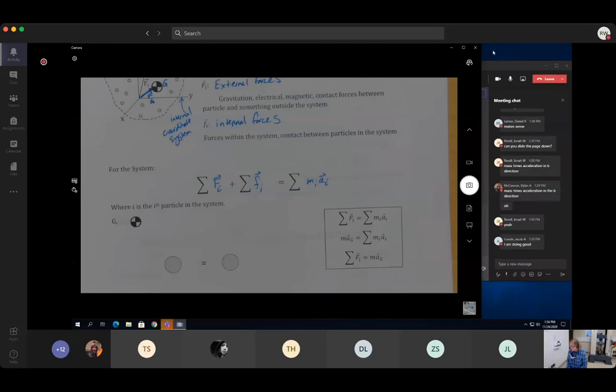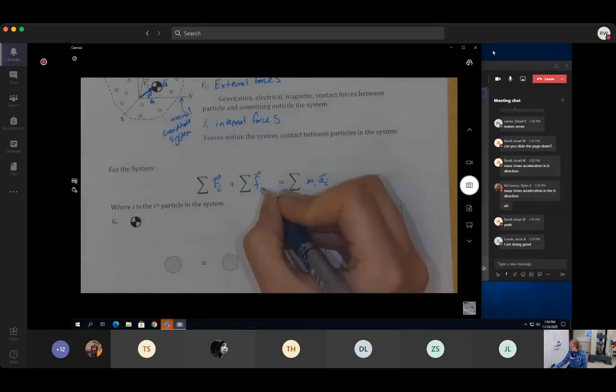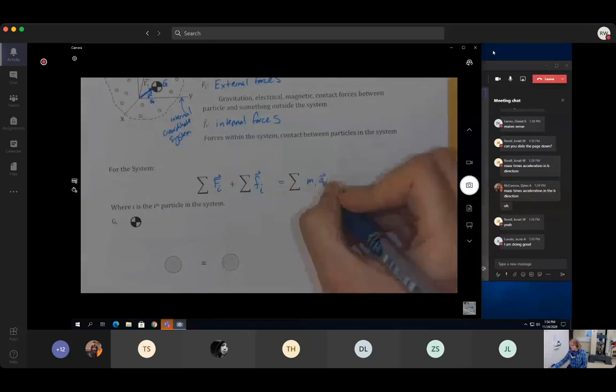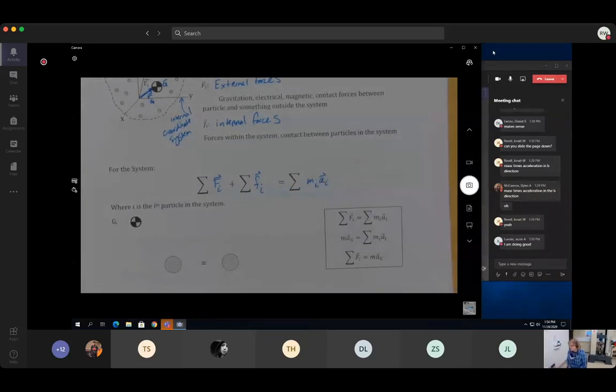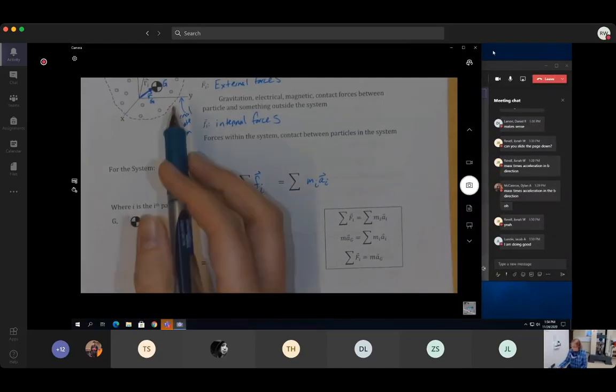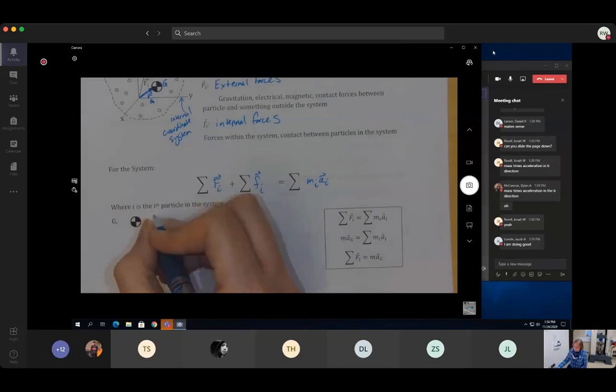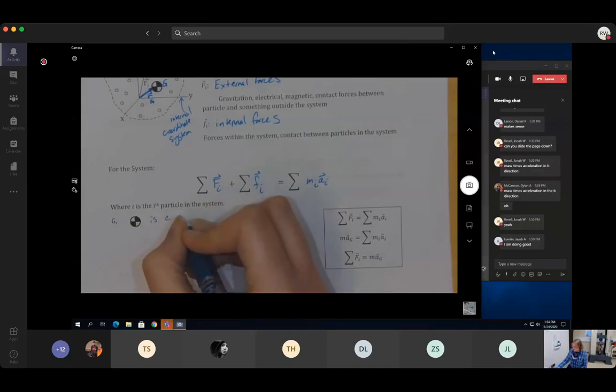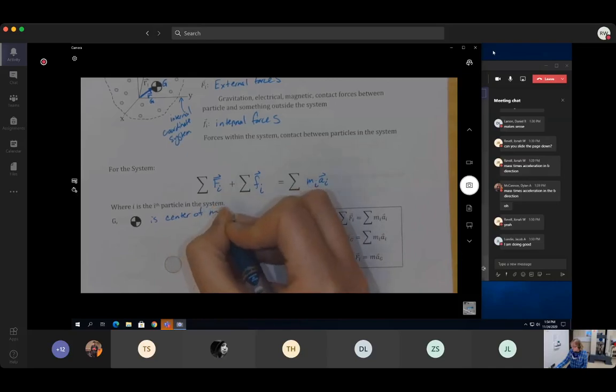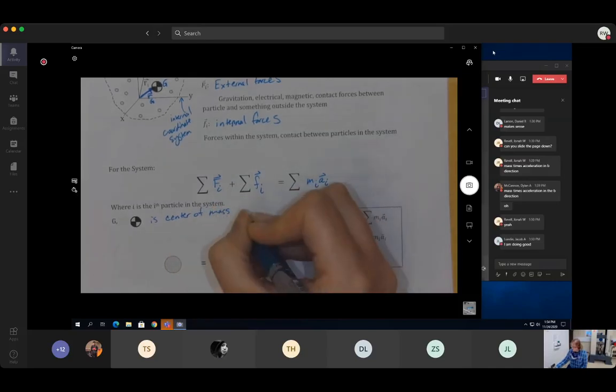Okay, and the little i's are all the same, meaning individual particles within the system. And then G, like I said, is our center of mass, or center of gravity for the system.